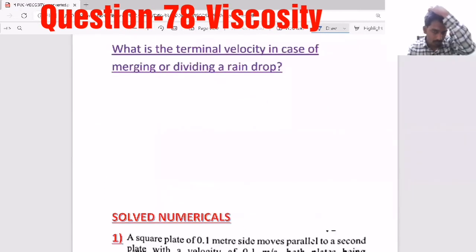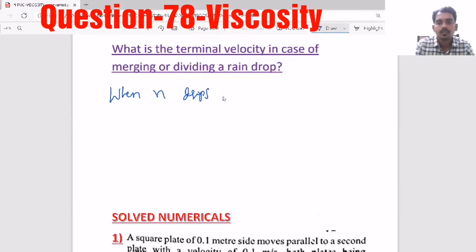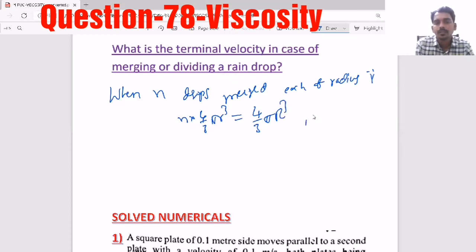And sometimes they will ask questions in case of merging or dividing, when n drops merged, each of smaller radius r, then n into 4 by 3 pi r cube equals 4 by 3 pi R cube, where capital R is the radius of the big drop after merging. So here n r cube equals capital R cube, one relation will come.